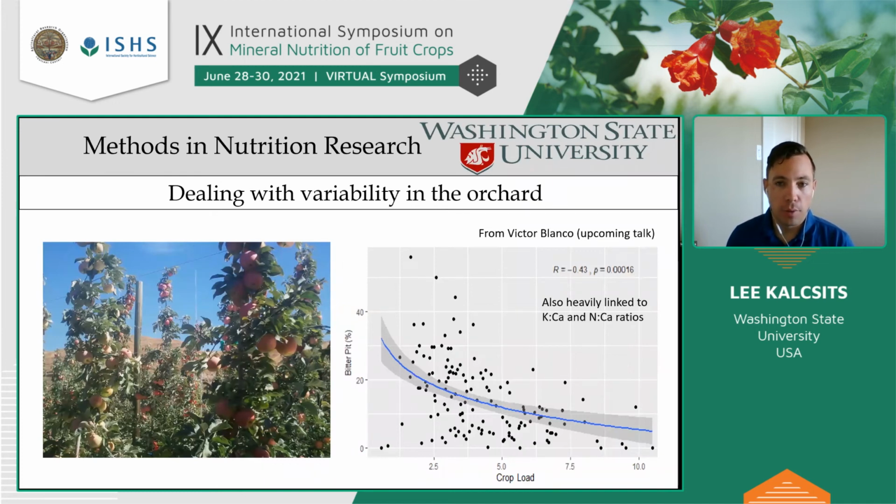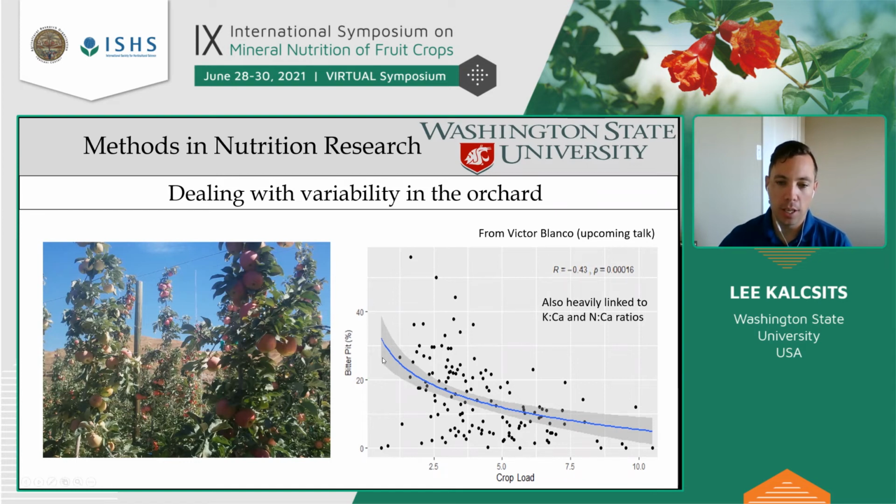There's also dealing with variability in the orchard. I'm not going to cover this in depth, but one of the key factors, at least for our research on Honeycrisp, is crop load. Crop load can be highly variable, with trees that are on in their biennial cycle, trees that are off, and everything in between.